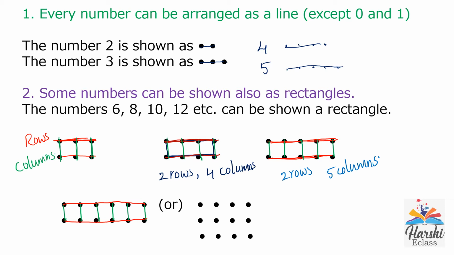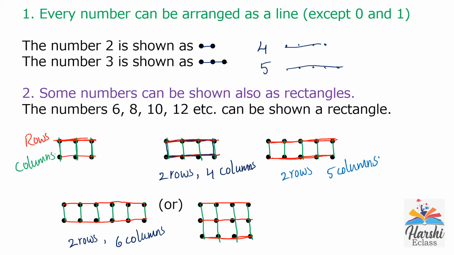We can arrange this 12 in another form also. Here the number of rows is 3. Total 12 dots are there, arranged in a different order, and the number of columns is 4. 3 fours are 12. 12 can be arranged in both forms like this.